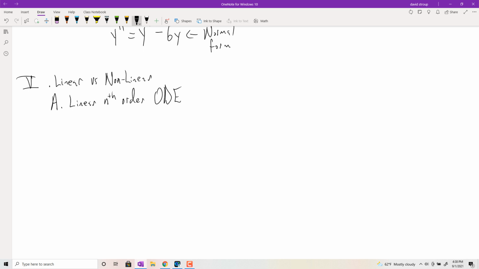So it's going to be a bunch of derivatives, and then the coefficients on the derivatives are going to be functions of the independent variable.